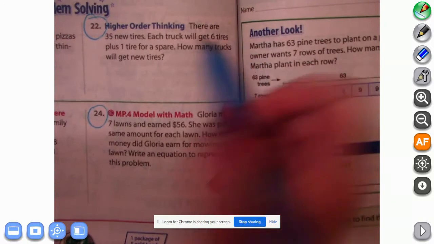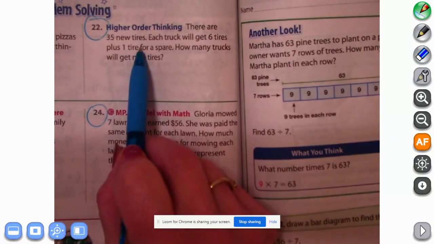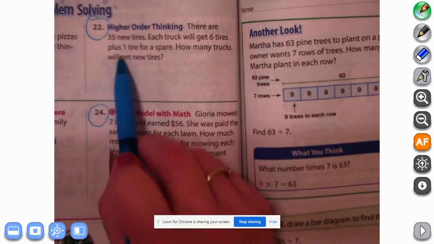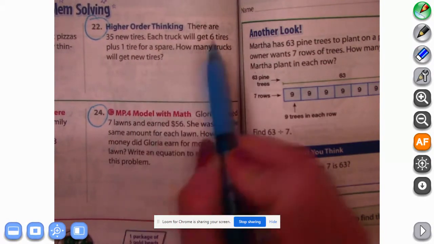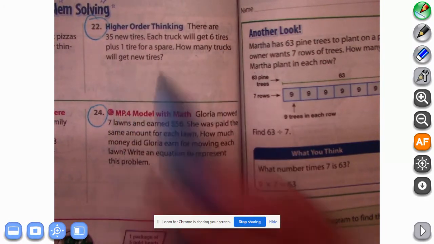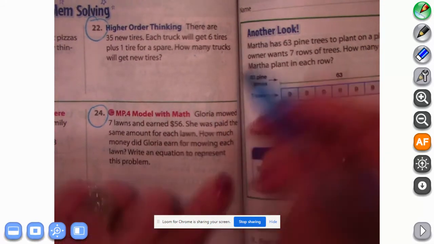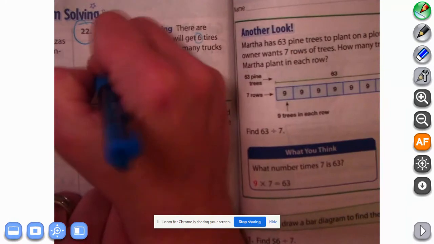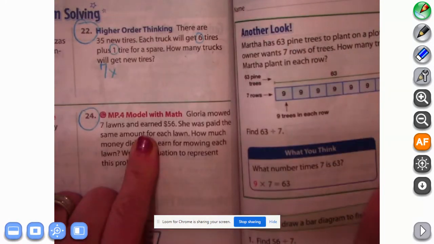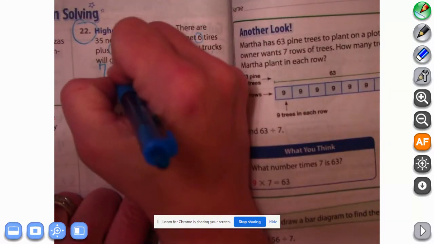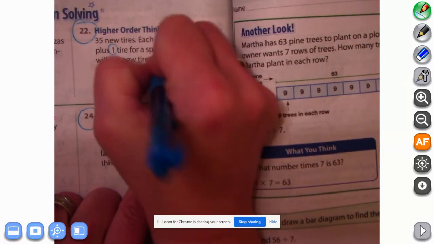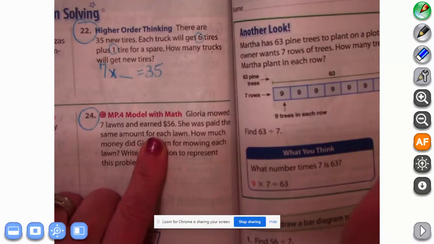There are 35 new tires. Each truck will get 6 tires plus 1 tire for a spare. How many trucks will get new tires? Okay, so 6 tires plus 1 for spare. So every truck's getting 7. They're getting 7 tires. How many trucks are going to get them? We don't know, but the total tires is 35.